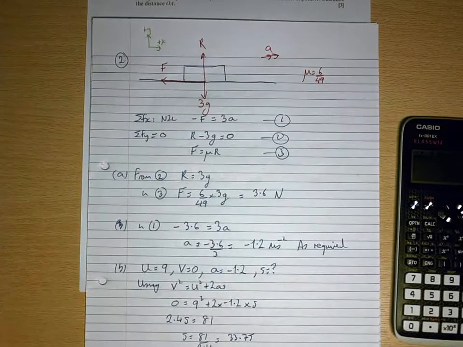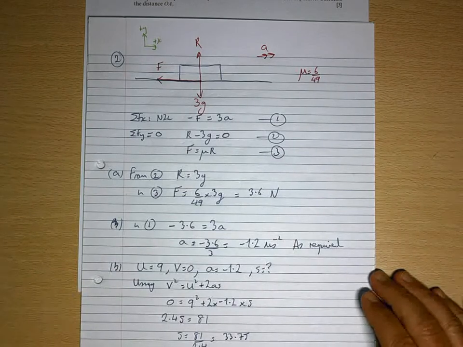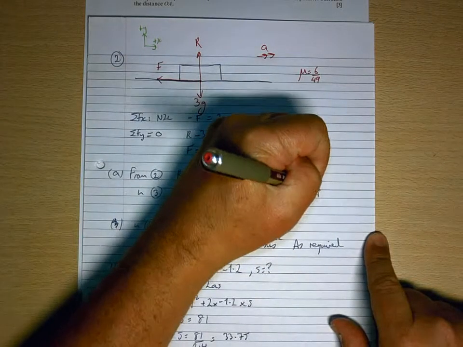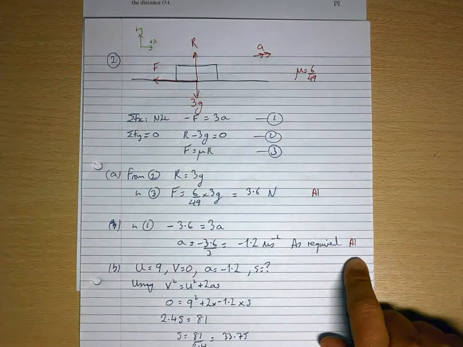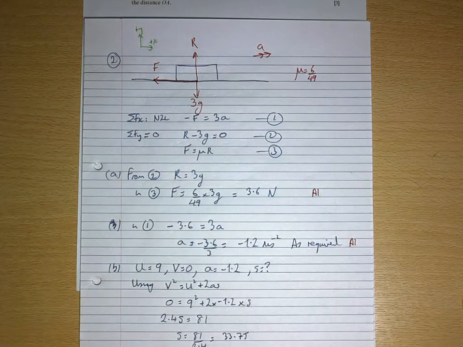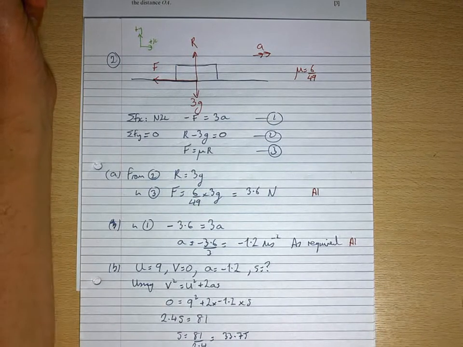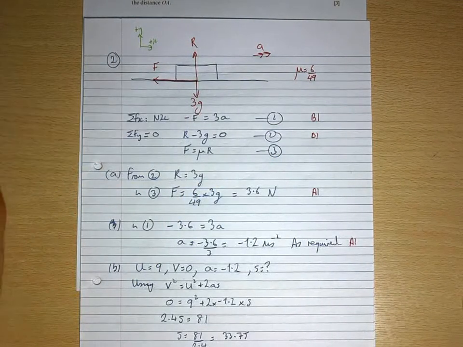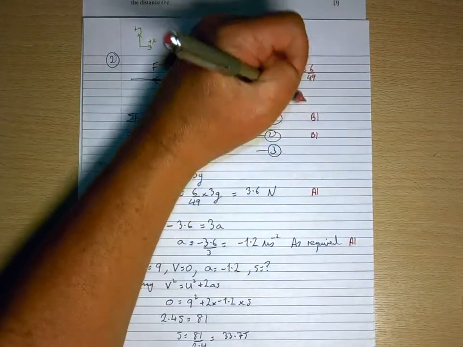Okay, so marks for that. There's 4 marks for part A. Those 4 marks will be an answer mark for finding the frictional force, an answer mark for showing the acceleration, and a mark for each of the 2 resolved equations, whether they're B marks, they're probably M marks actually, and then I've got the 2 A marks after it.